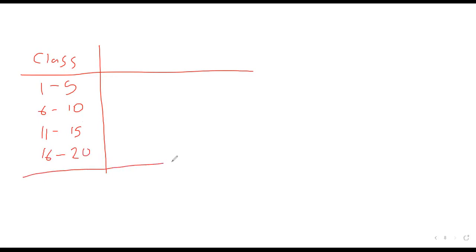You're asked to find the mean. The frequency has been given here as 3, 7, 5, 2.